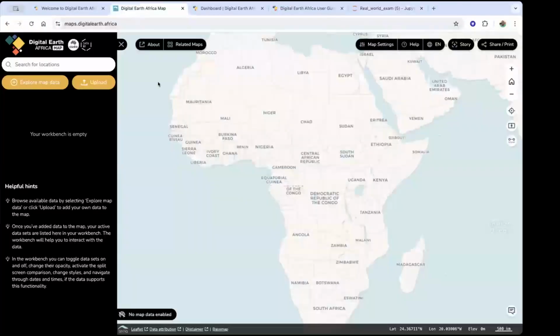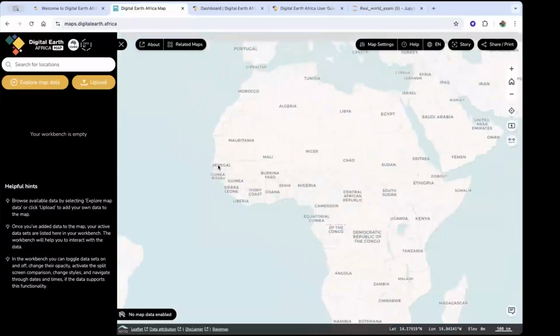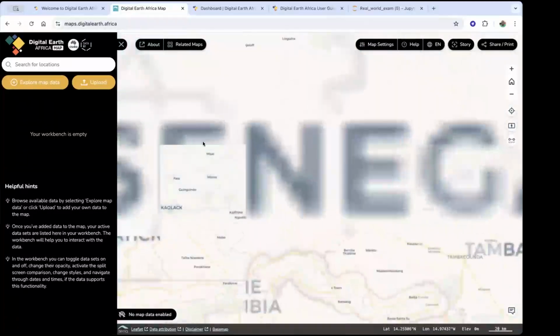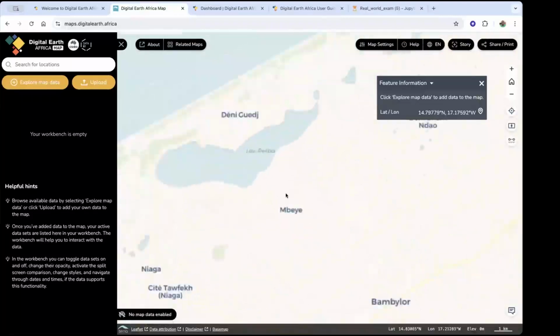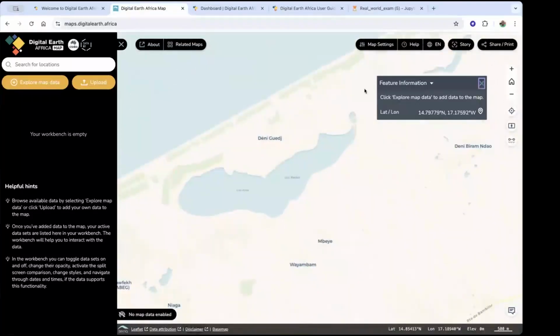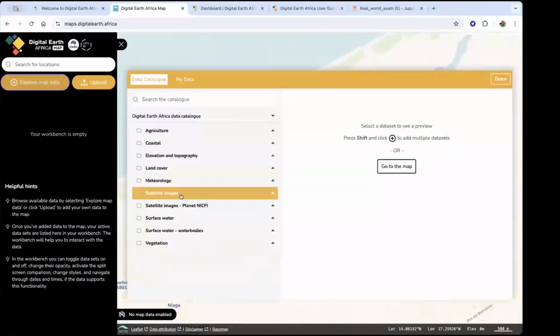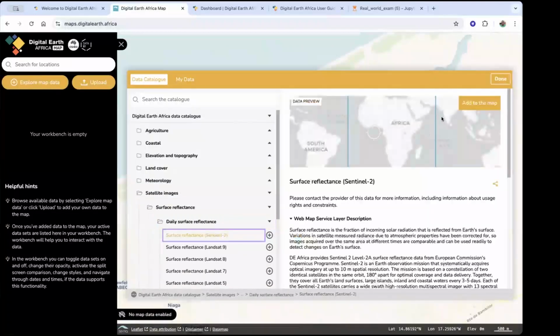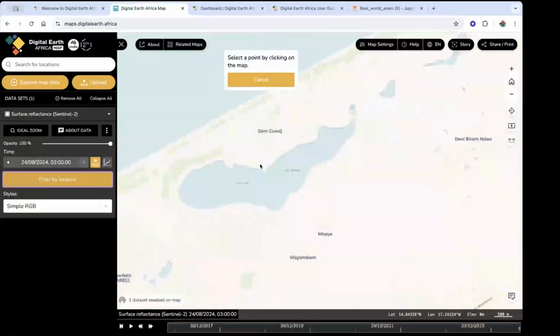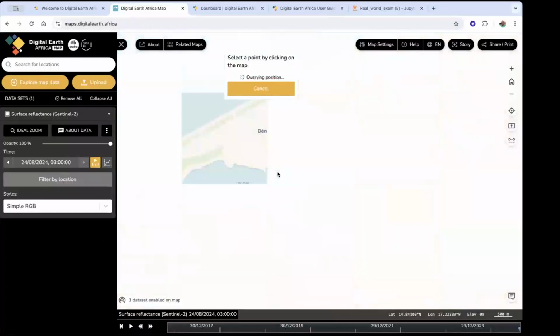Then also on the platform, we had an example of Lac Rose, Senegal, just the pink lake from space. So here, using our Sentinel-2, we could look also at recent imagery and zoom into the location.